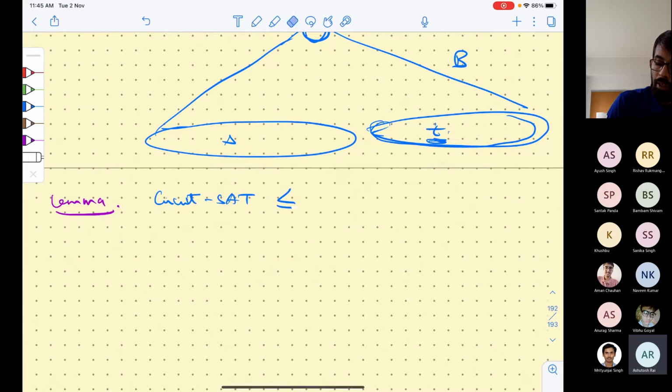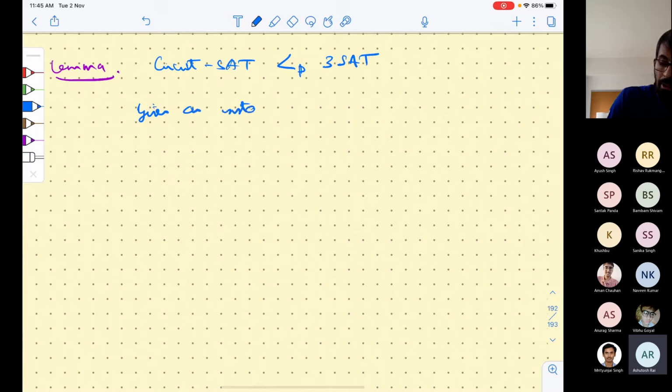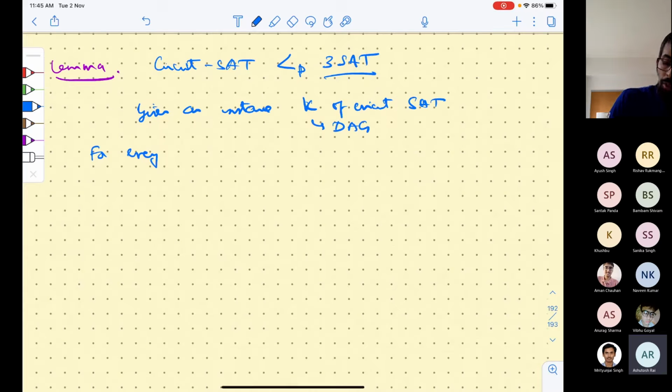reduces to 3 sat. Now this is not very hard, because given an instance K of circuit sat, we want to make an instance of 3 sat. So K is a directed acyclic graph, right? For every node V of K, add a variable xv.